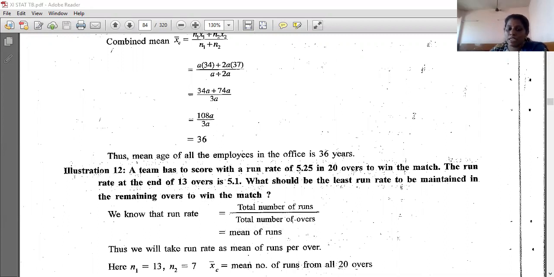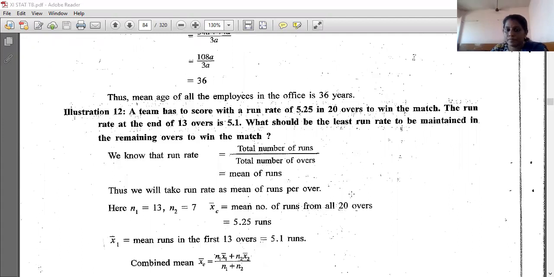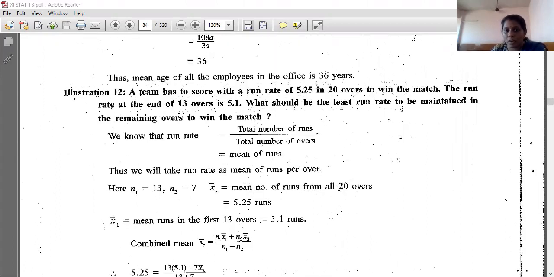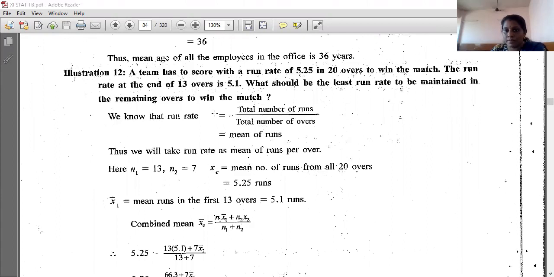So that is the mean of runs. Okay, so here n1 is 13 and n2 is 7. A team has to score with a run rate of 5.25 in 20 overs to win a match, and the run rate at the end of 13 overs is 5.1.